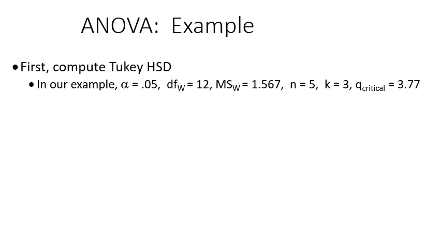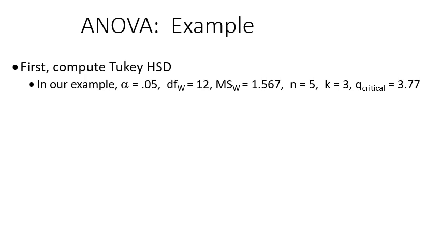Doing the post hoc analysis here, first you compute your Tukey's HSD. So in our example, alpha was 0.05, degrees of freedom within was 12. Our mean square within was 1.567, n is 5 because this is again n per group. K is 3.